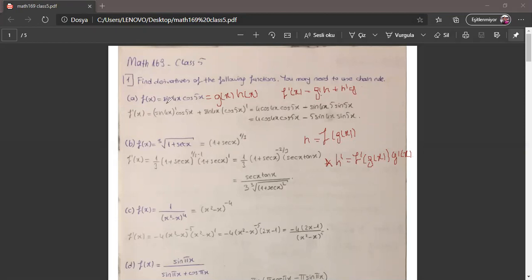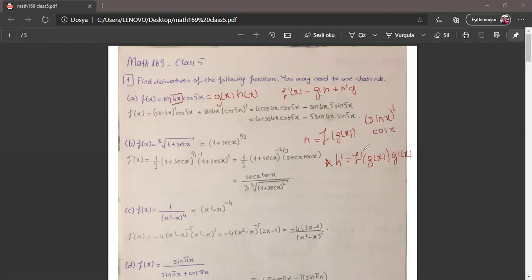So here we have sinus, this function sinus, and inside of it we have another function which is 4x. So before we had sinus x, right? In the previous classes we had sinus x, cosinus x. The derivative of sinus x, we saw that it is cosinus x.